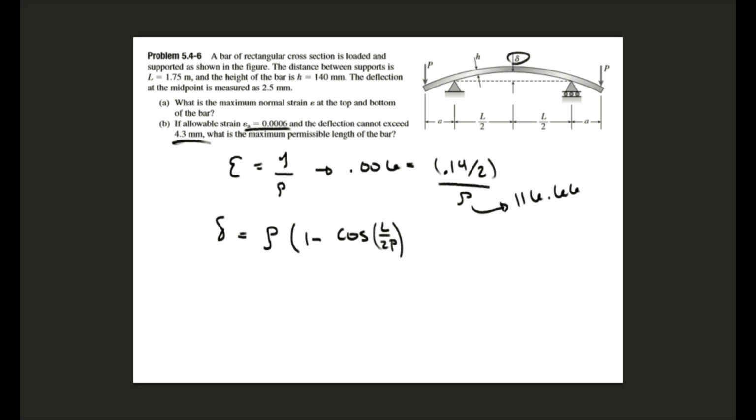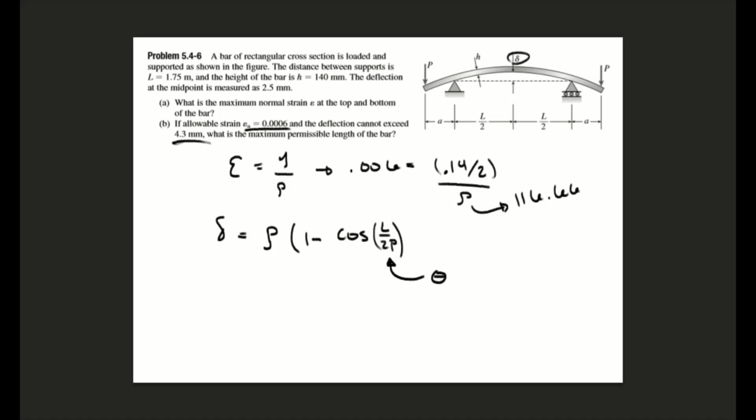I think I forgot to mention in part A, but this is theta in the original equation in the book, but then using just the approximation method, because it's such a small angle.